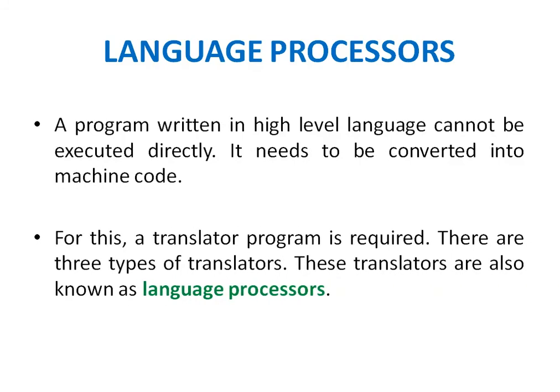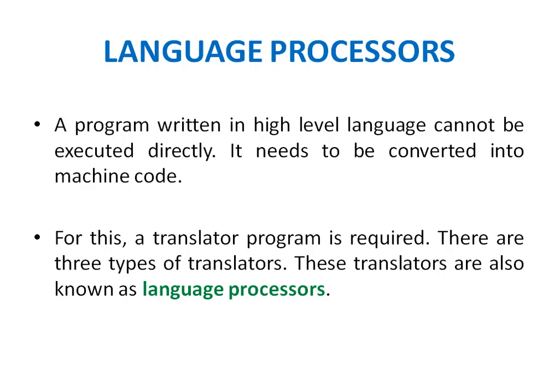A program written in high-level language cannot be executed directly. It needs to be converted into machine code. For this, a translator program is required. There are two types of translators.